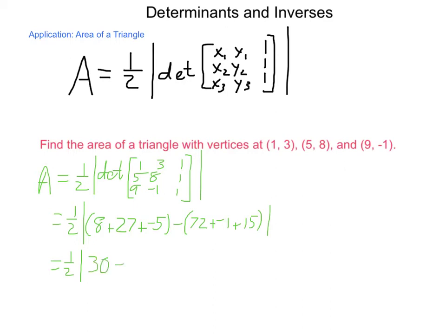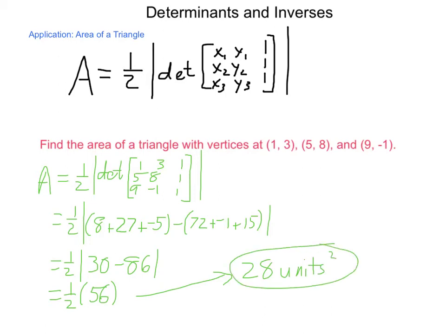And from that I'm going to subtract. 72 minus 1 is 71, plus 15 is 86. Which then becomes 1/2 of 30 minus 86, which is negative 56. Absolute value is 56. Half of 56 is 28. So the area of a triangle with these coordinates is 28 square units.